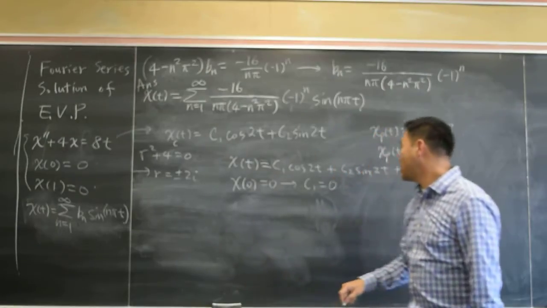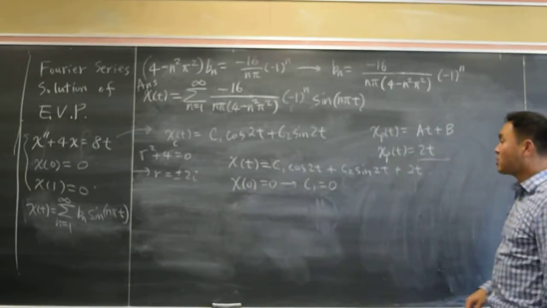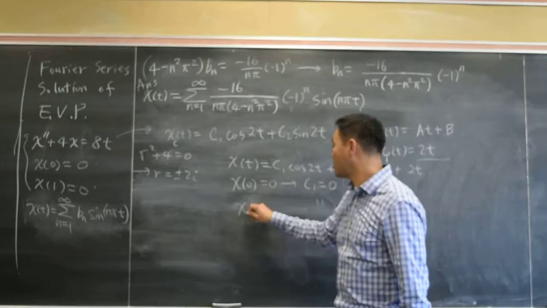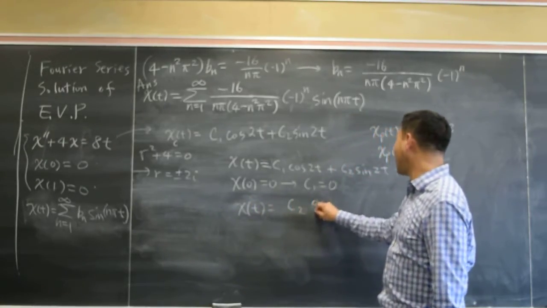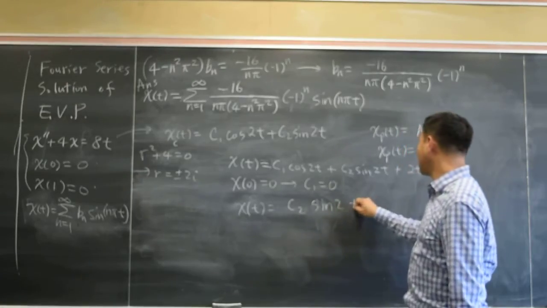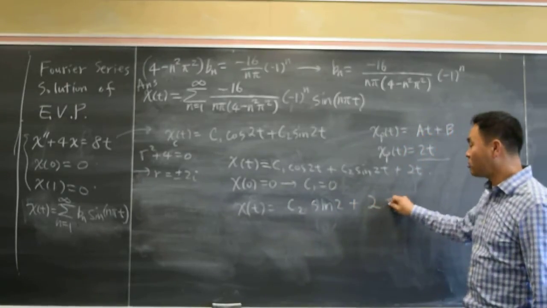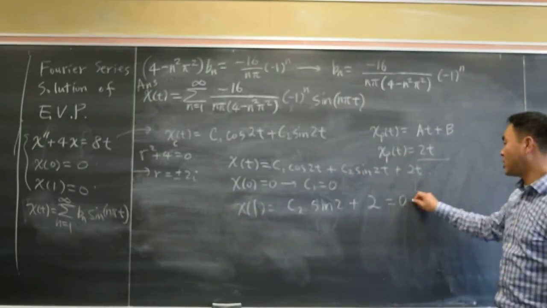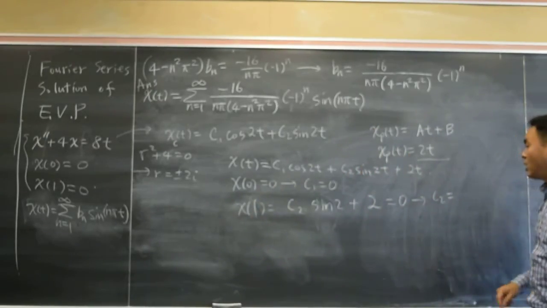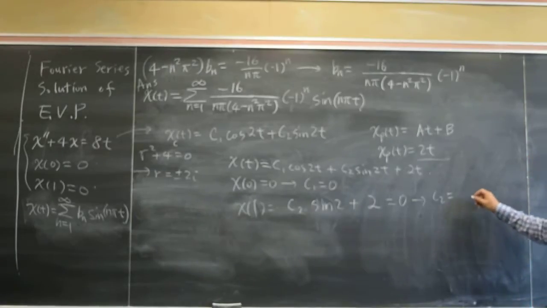Okay? And then if you plug in 1, then you get x of t, c2 sine of 2 plus 2, and x of 1 has to equal 0, so that gives you c2 as negative 2 over sine of 2.